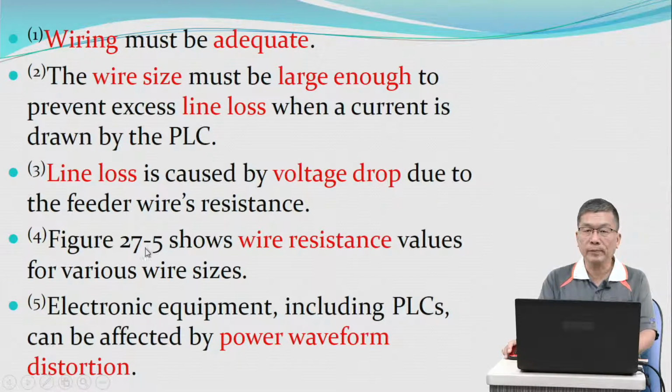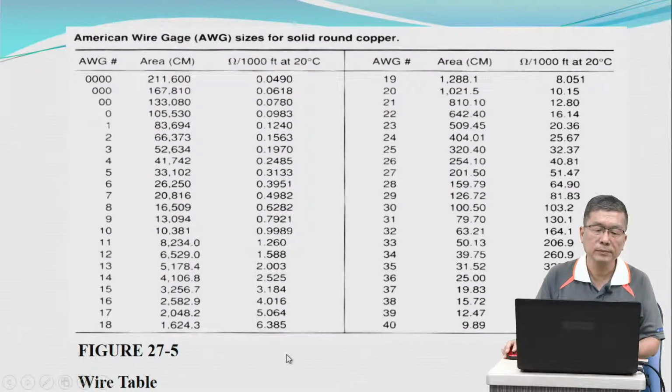Figure 27.5 shows wire resistance values for various wire sizes. Electronic equipment, including PLCs, can be affected by power waveform distortion. This is the wire table.